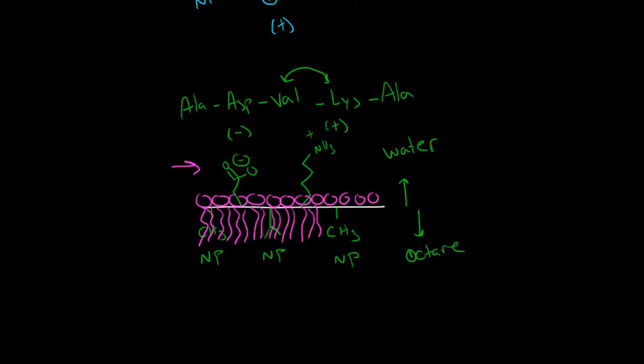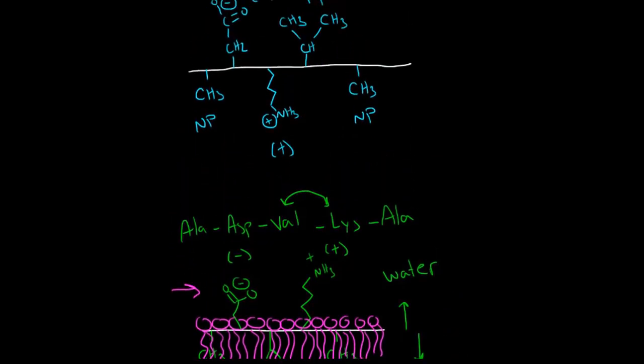So this peptide, as drawn, alanine, aspartic acid, valine, lysine, alanine, would actually very much like to be a peripheral membrane protein. Remember, these are proteins that sit on the surface of lipid bilayers. It can do this because it orients all of the nonpolar side chains on one side of the peptide backbone and all the polar and charged side chains on the other.